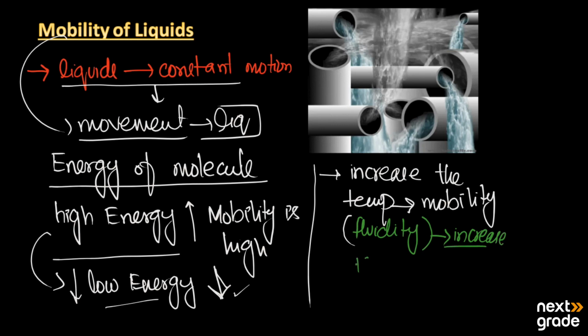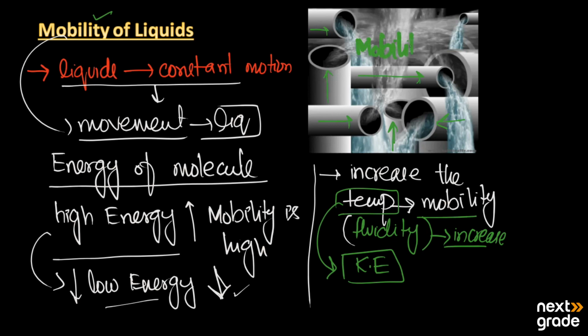Because they have kinetic energy, and by increasing the temperature their kinetic energy increases and they start to move faster. So due to the property of mobility, liquids can travel through a pipe from one area to another area. This is mainly what is called the mobility of liquids.